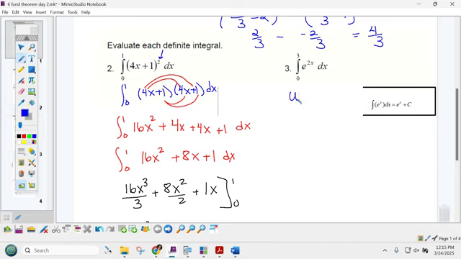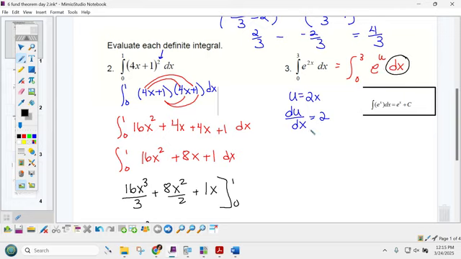So we're going to say let u be 2x, which means du/dx is 2. So when I come to fix up my integral, that gives me e to the u dx. So I need to replace dx.